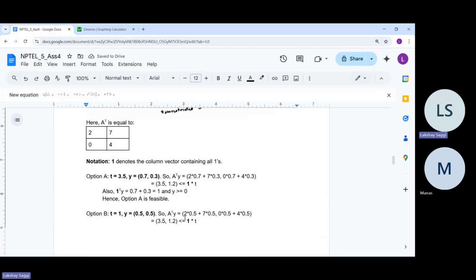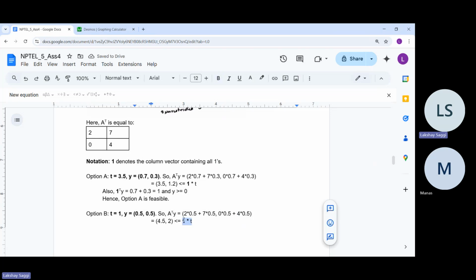So 2 times 0.5 is 1, and 7 times 0.5 will be 3.5. So this will be 3.5 plus 1, which is 4.5. And the second entry will be 0 plus 4 times 0.5, which is 2. So this will be 4.5, 2.